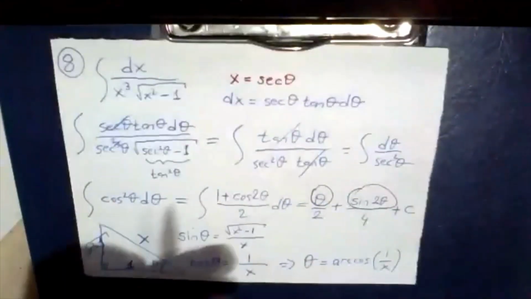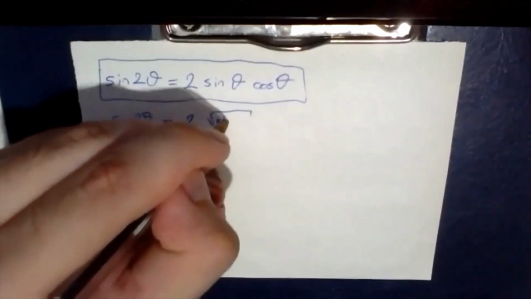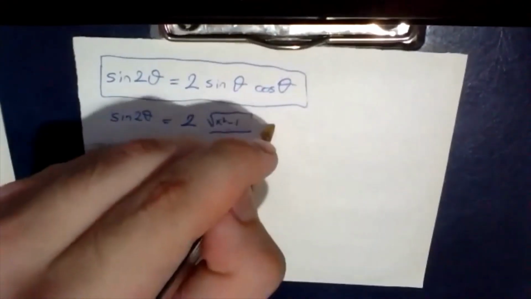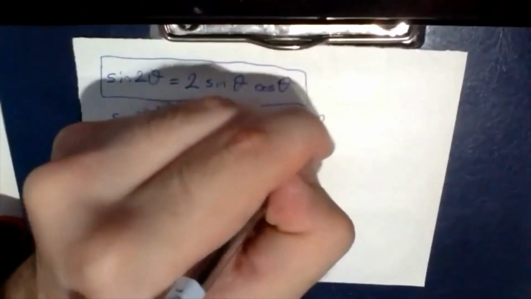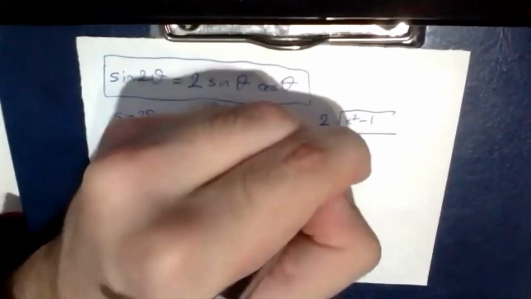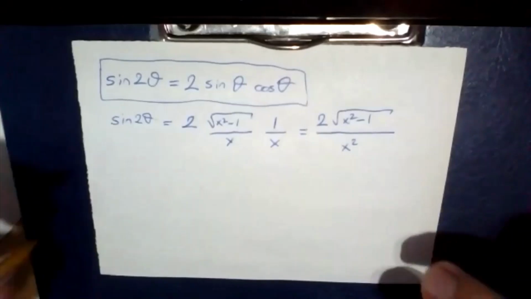Sine theta was square root of x squared minus 1 over x. What is cosine theta? That was 1 over x. So it will be 2 times square root of x squared minus 1 over x squared. It was the sine 2 theta.